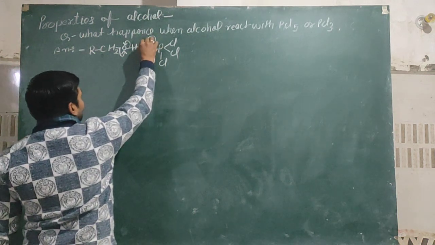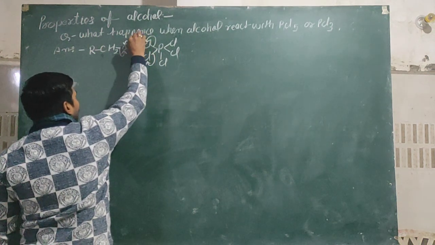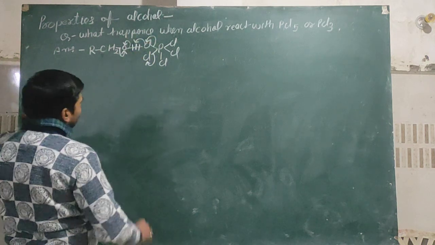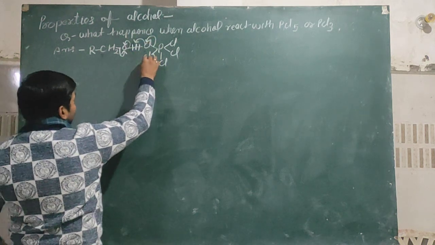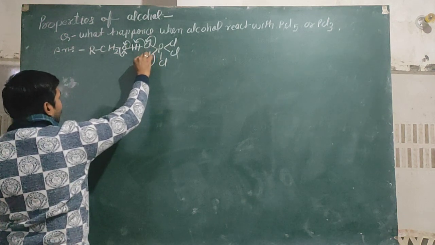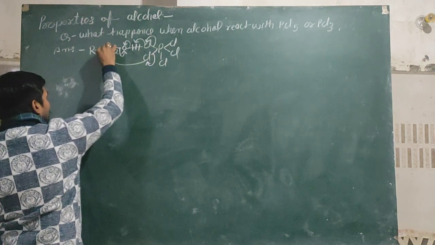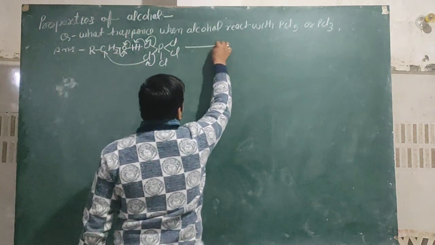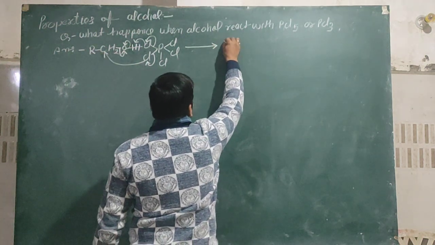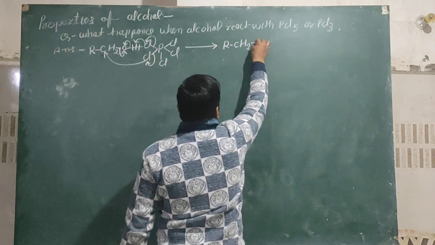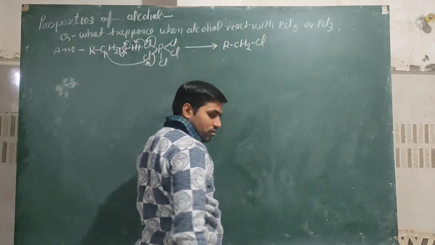The positively charged hydrogen is attracted by the negatively charged chlorine, and this negatively charged chlorine also goes toward the positive center of the carbon atom. As a result, RCH2Cl is formed.